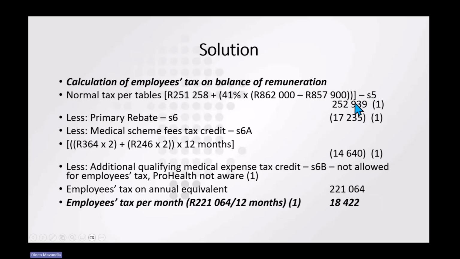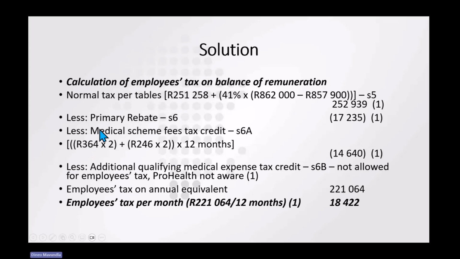That would then give us a normal tax of 252,939 rand, less our primary rebate in terms of Section 6 of 17,235 rand, less our medical scheme fees tax credit in terms of Section 6A.